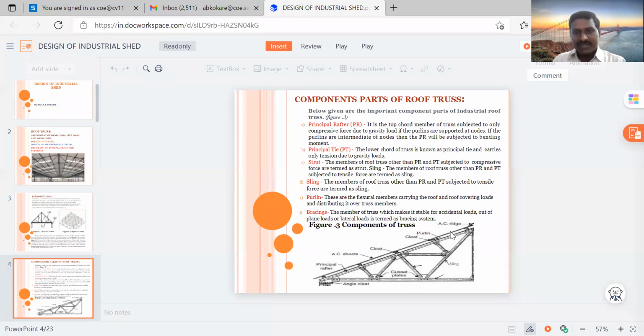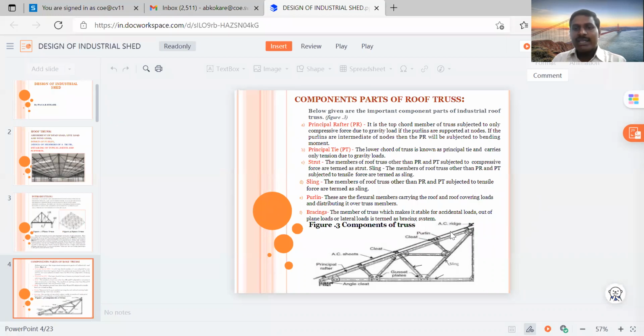It means what? Sometimes the roof truss has all the parts, meaning principal rafter, tie member, inclined member, strut members, but we are providing the truss along the length for the industrial building.